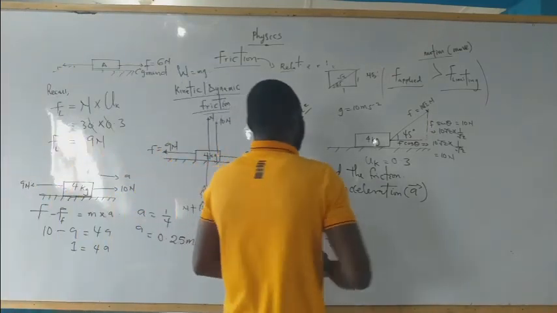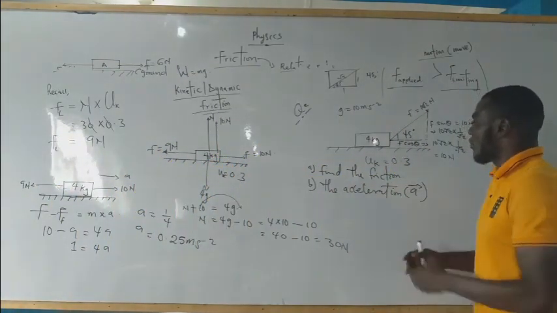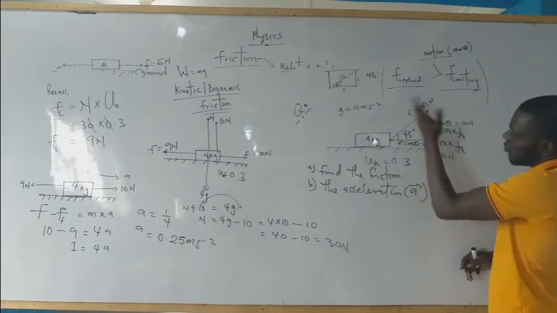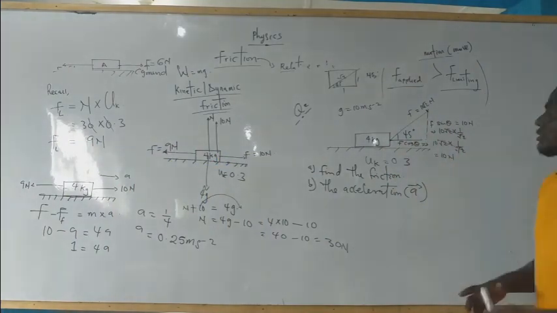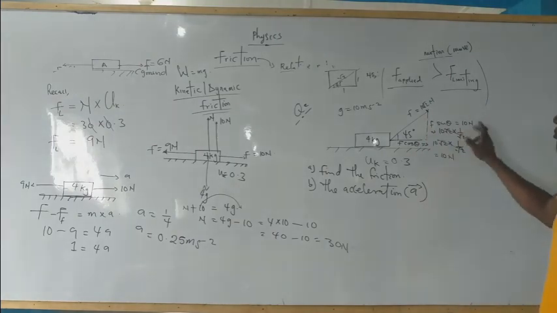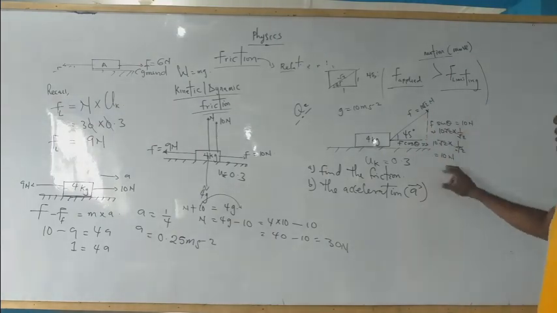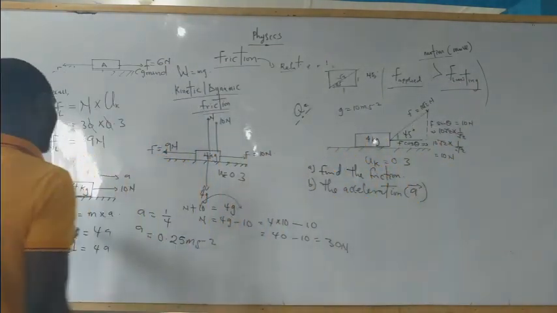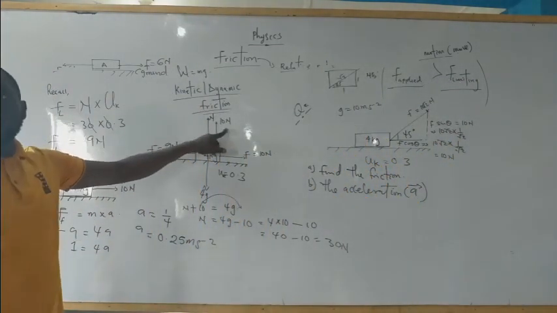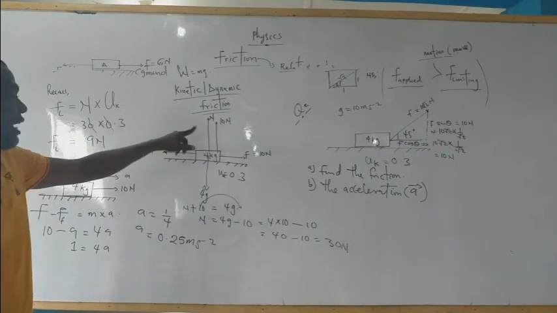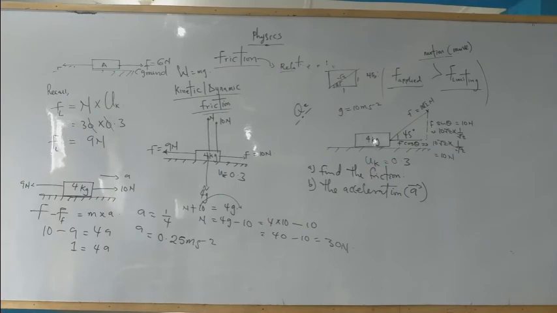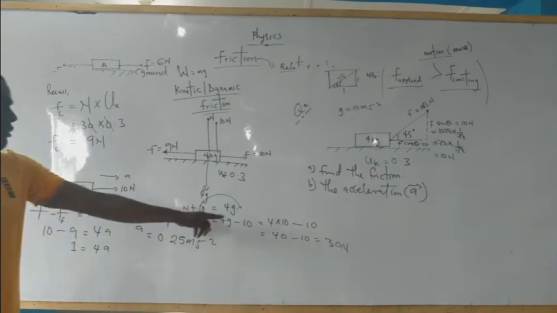Find the frictional force: resolve it into horizontal components and vertical components. F sin theta equals 10 Newton. So N plus 10 equals 4G.